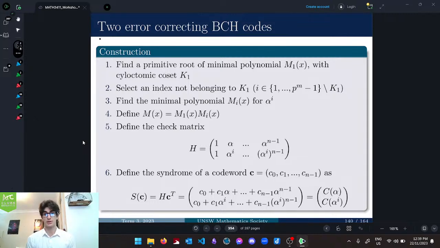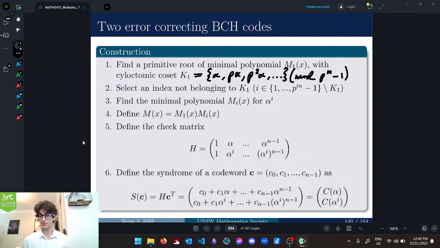So the construction of a 2 error correcting BCH code is to find a primitive root of a minimal polynomial m1(x) with cyclotomic coset K1. Remembering K1, that is going to be alpha, some prime times alpha, some prime squared times alpha, all of that mod p^m minus 1.